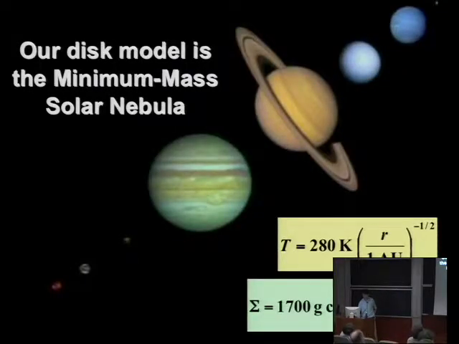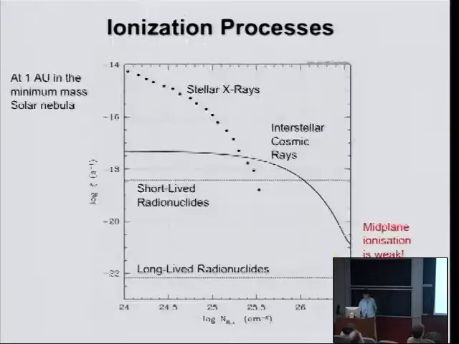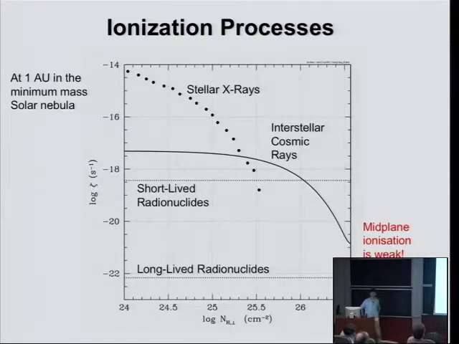So we're going to take the minimum mass nebula. We want to calculate the resistivity everywhere, so we need to know the electron fraction, XE here. And the electron fraction involves, as we heard from Mark, 2 sides. There's the ionization side and the recombination side.